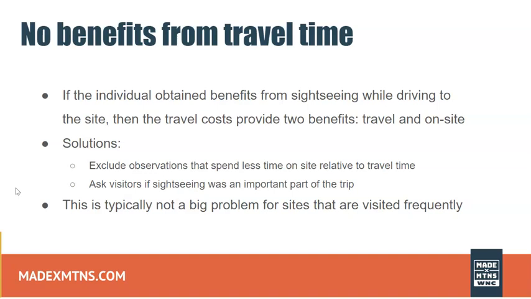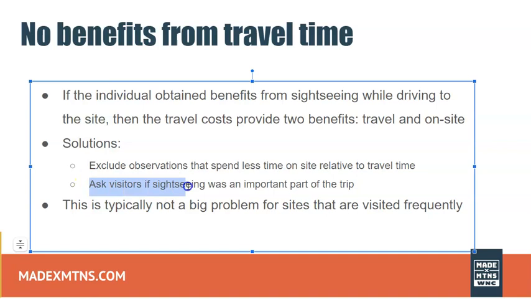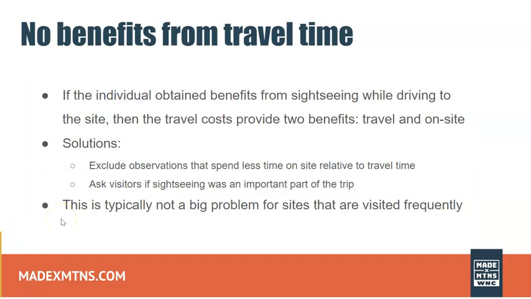The way you identify that is to ask the person how much time they spent on site, and then you'll know from travel distance how much time they spent in travel. You can also just straight up ask visitors if sightseeing was an important part of the trip. And the good news is this is typically not a big problem for recreation sites that are visited frequently.